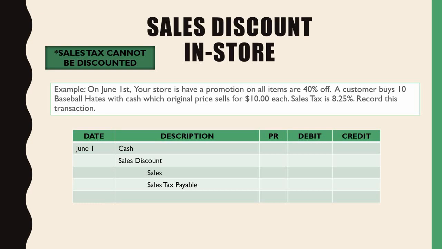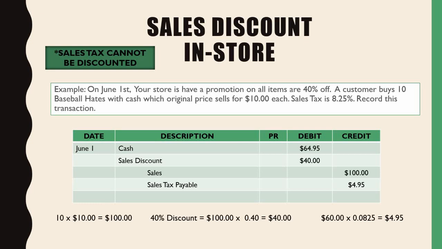But if you're taking a 40% discount, how much of those $100 are you actually discounting? 40. $40. Good. Now, are you actually receiving all $100? No, you're only receiving $60 plus the tax. So that's what's going to happen here.